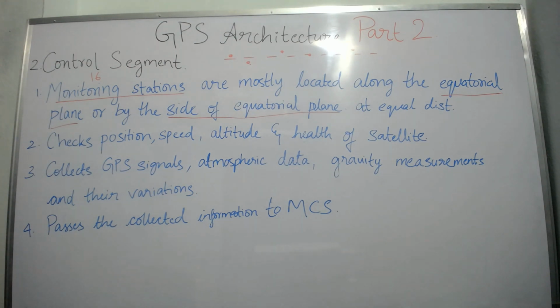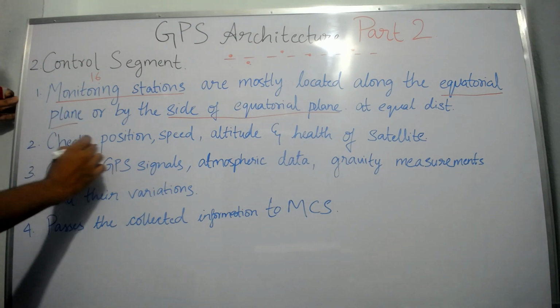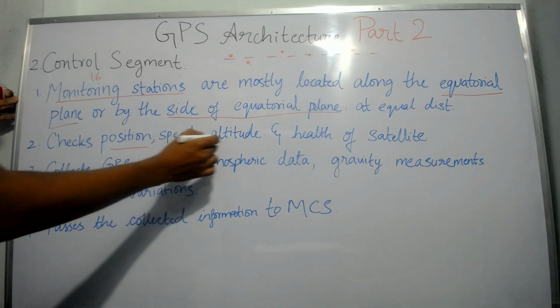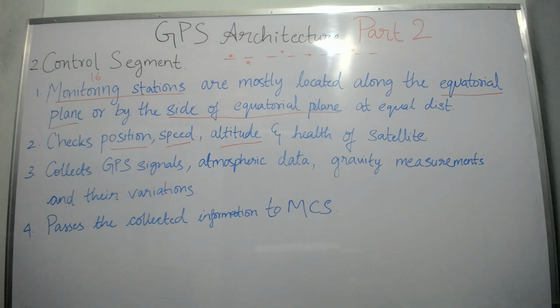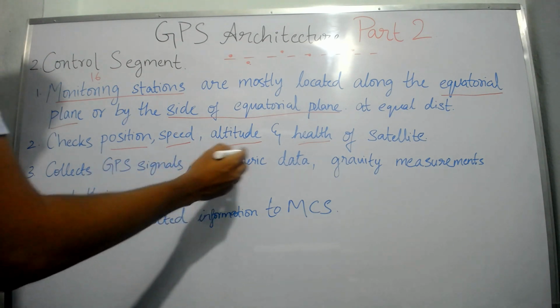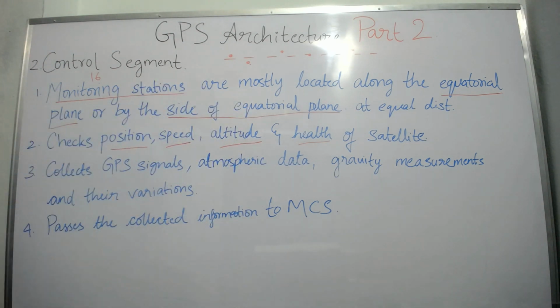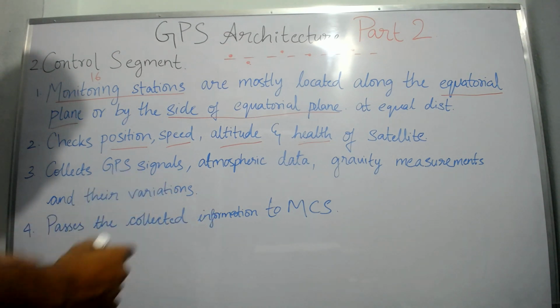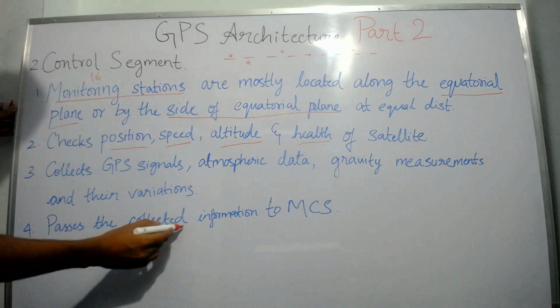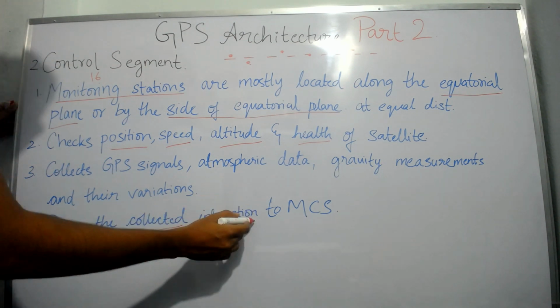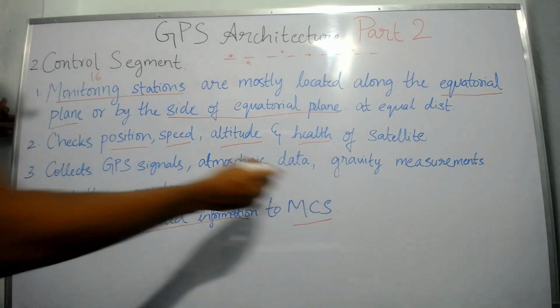These monitoring stations check position, speed, altitude, and even health of the satellite. The monitoring stations collect GPS signals, atmospheric data, gravity measurements, and their variations. They even collect the navigation data so that they can pass the collected information to the master control station.